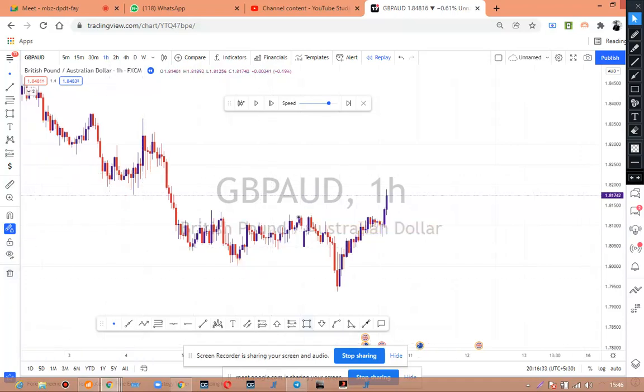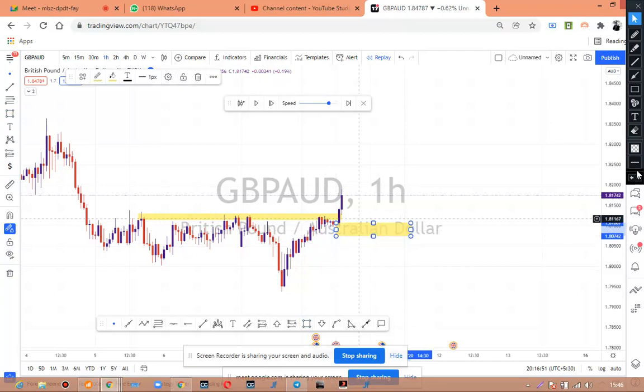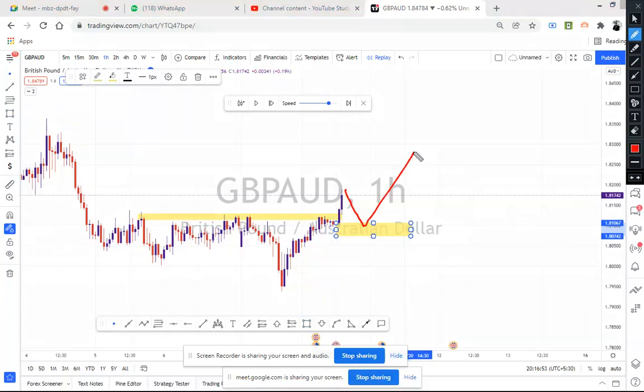Now on the upper side we also have this resistance that is breaking out, and this is also a good demand. So once the price comes close to this level, we look for a buy trade.